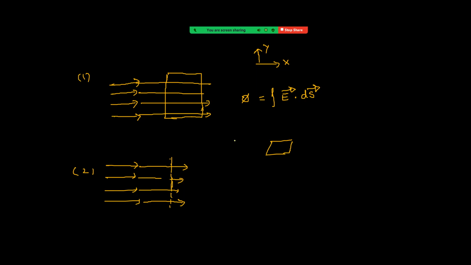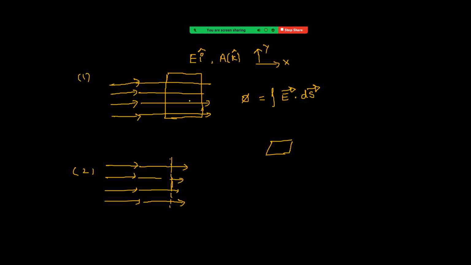Okay. And if you see in the first case, the field vector is along the x-axis. I can say E times i cap along the x-axis. Coming to the area vector, we have taken the xy plane, so it may be plus k cap or minus k cap. See carefully.